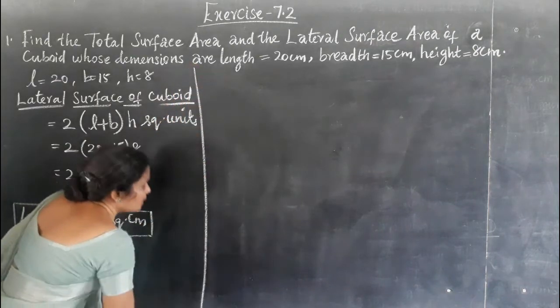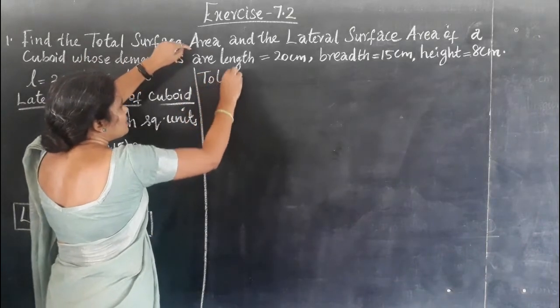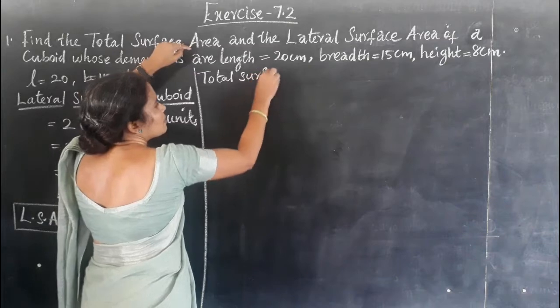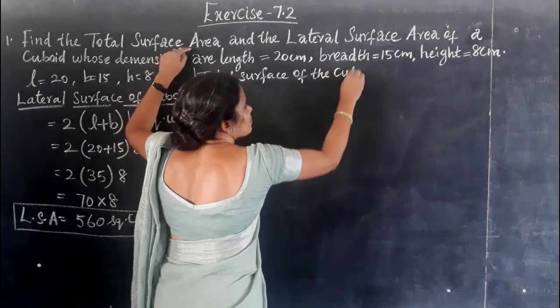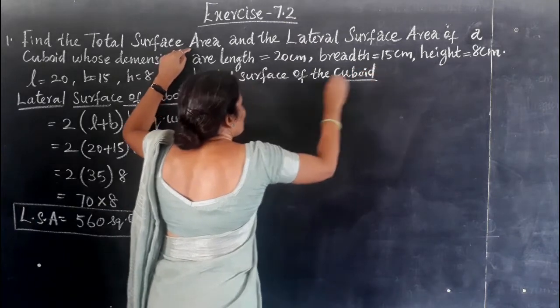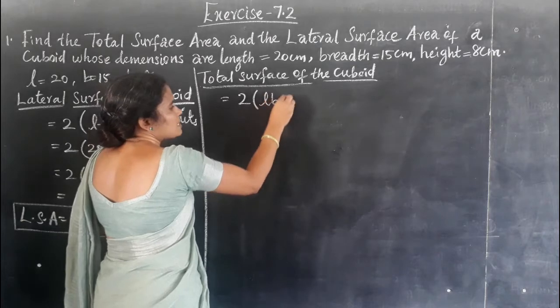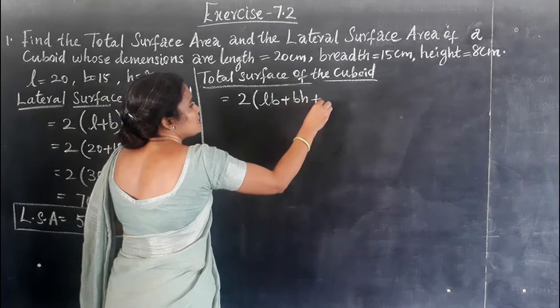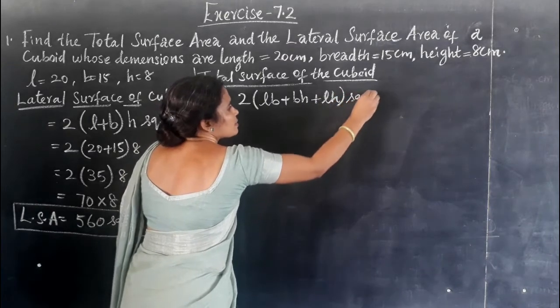Okay, now let us find total surface area of cuboid. So total surface area of the cuboid is equal to 2 (LB plus BH plus LH) square units.